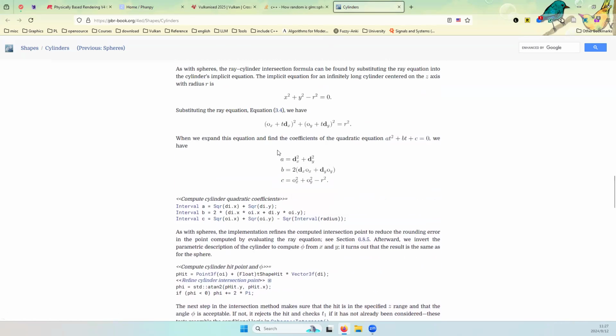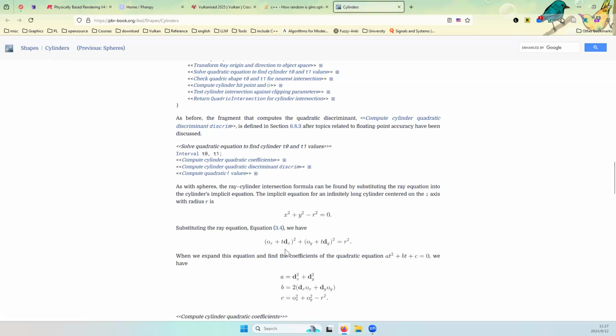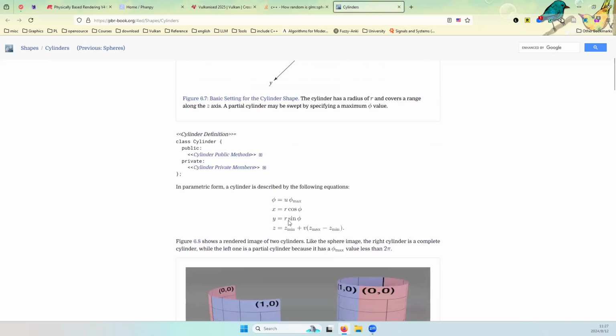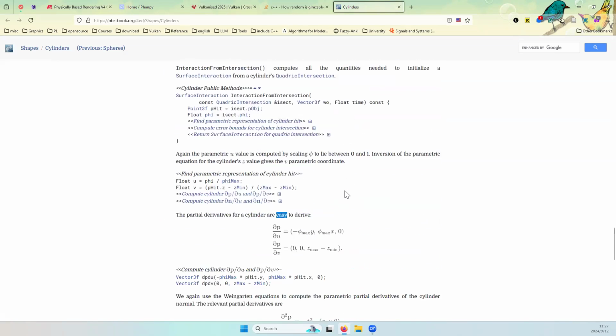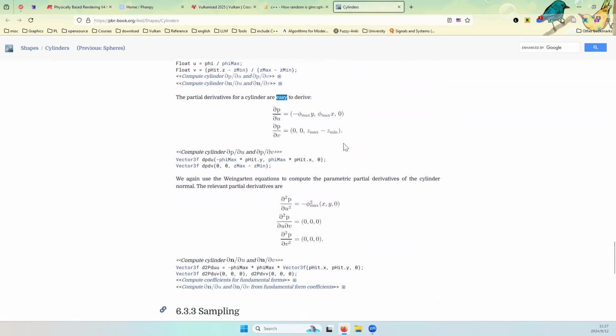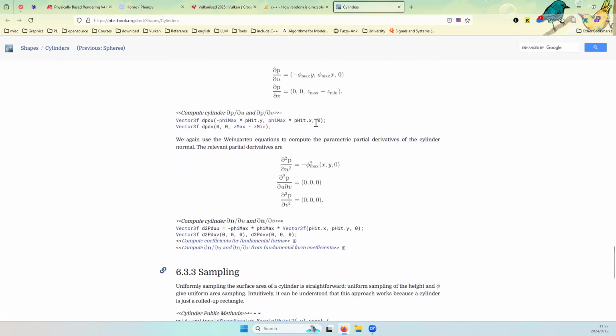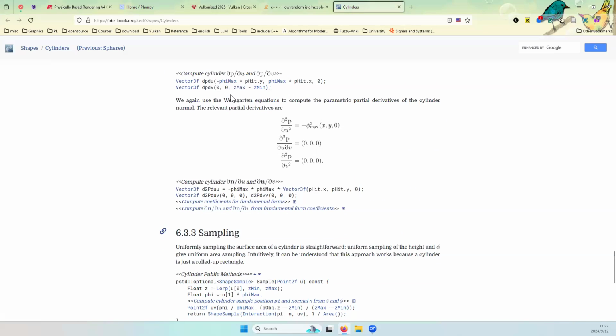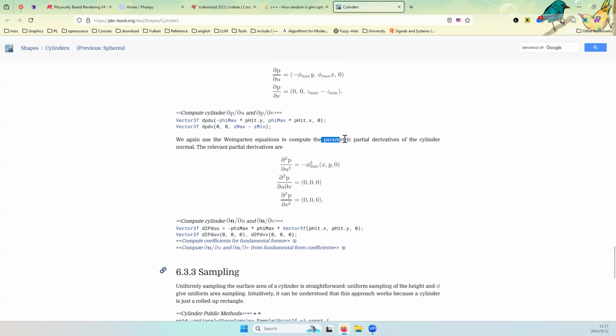It's just from this. We again use this thing that I didn't understand last time to compute the parametric partial derivatives for cylinder normals.